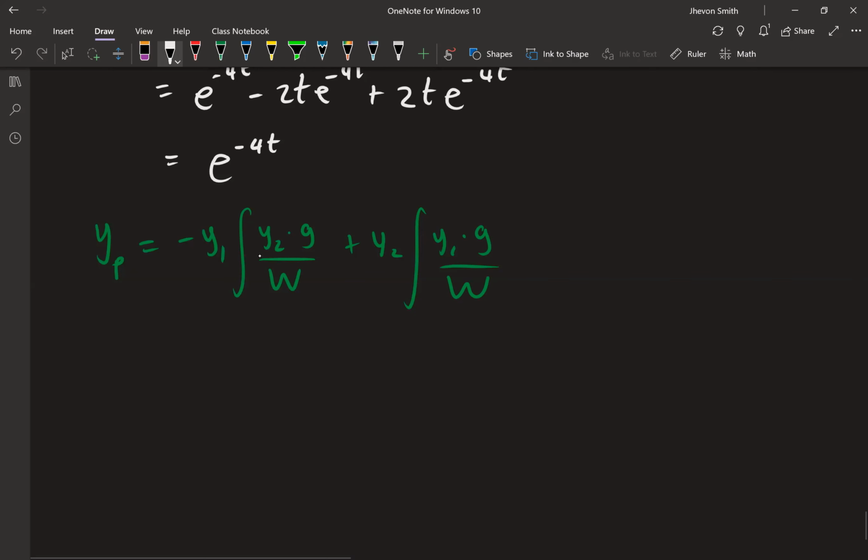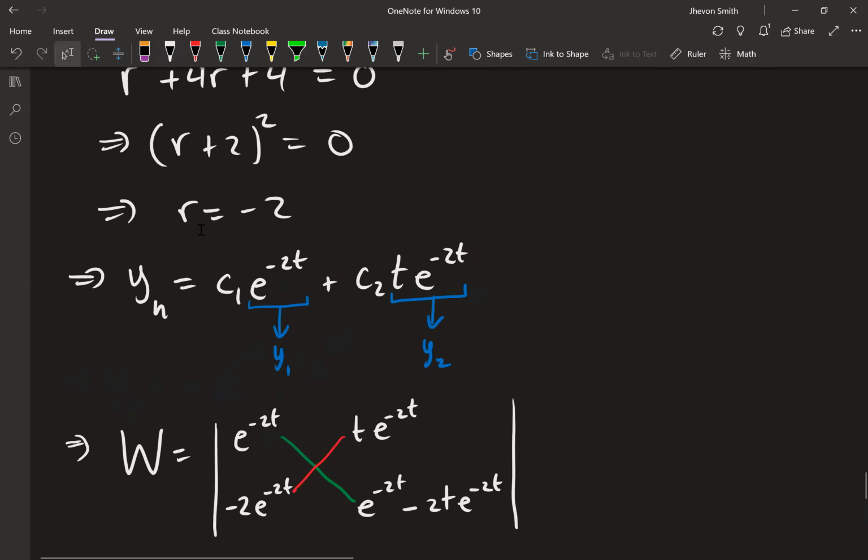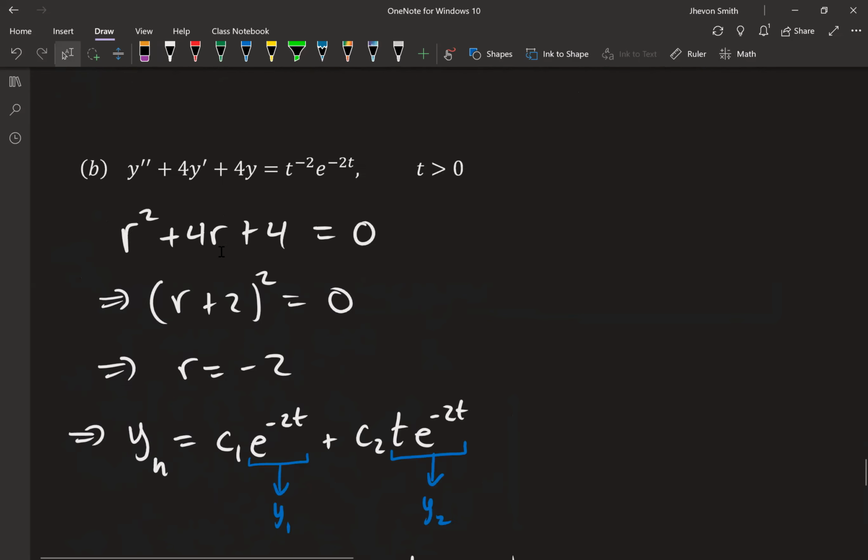I'm going to plug into that formula. Our y1 was e to the minus 2t. Our y2 was t e to the minus 2t. Our g, what was g? t to the minus 2 e to the minus 2t.